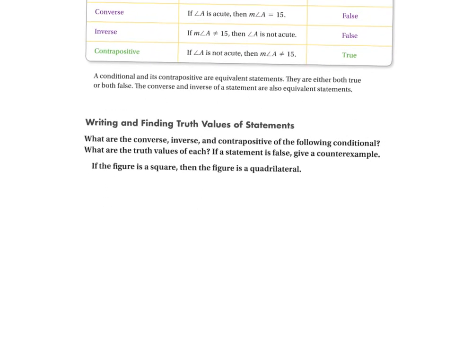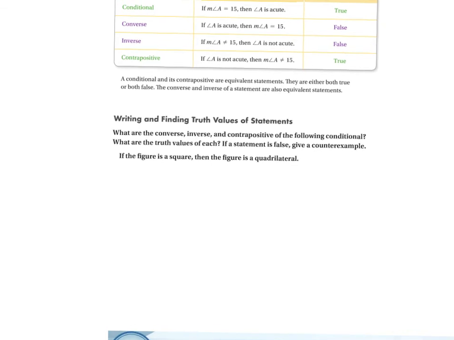Okay, so that last part, what are the converse, inverse, and contrapositive of the following conditionals? So I'm going to go ahead and start typing on this. I think it'll be easier. So the statement was, if the figure is a square, then it is a quadrilateral. Okay, so let's just label them first.